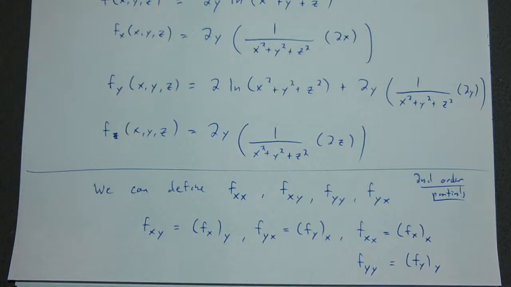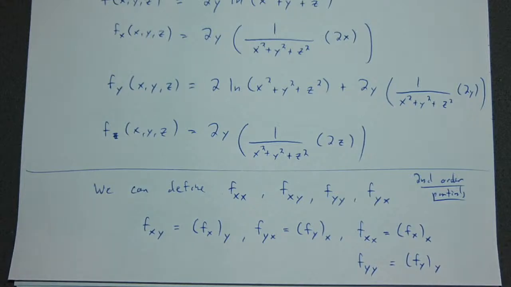And you might say, wait, this is strange, right? In Calc 1, if I were to ask you how many first derivatives do you have? Well, you have 1. How many second derivatives do you have? Well, the second derivative was the first derivative of the first derivative, right? So 1. And in every stage, you have exactly 1 derivative.